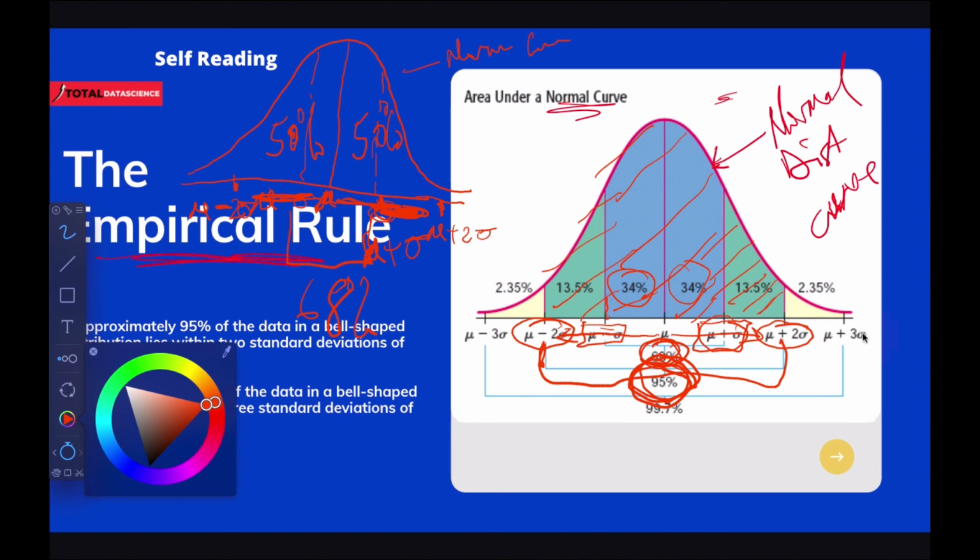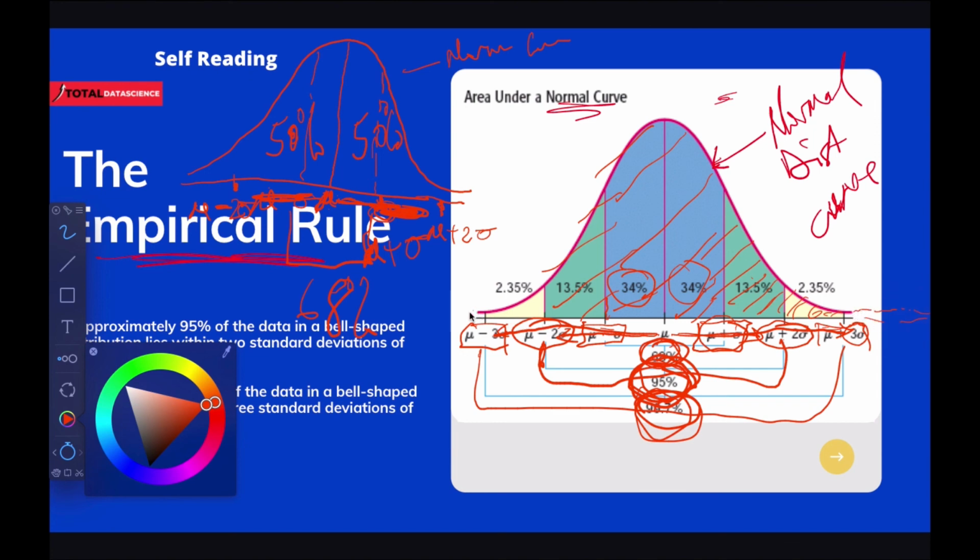In the same way, if you move three standard deviations away from the mean, at either side, you capture 99.7% of your data points, which also makes sense. Don't forget, this goes to infinity.